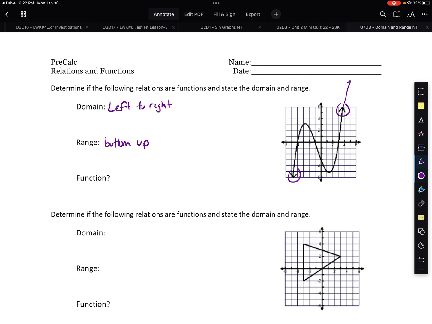So forever, this is going up, but it's also going to the right. Where forever, this is going down, it's also going to the left. So if I look at my domain and range, due to the arrows pointed to the right, pointed to the left, pointed out wide, my domain and range are both -infinity to infinity. And because this passes the vertical line test everywhere, this is indeed a function.